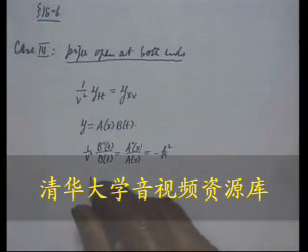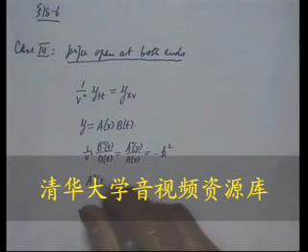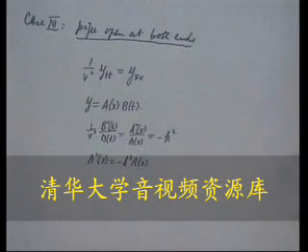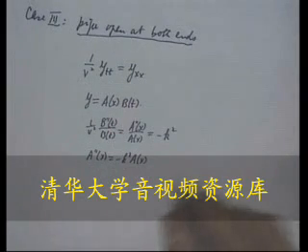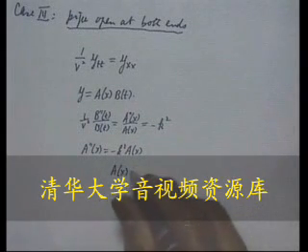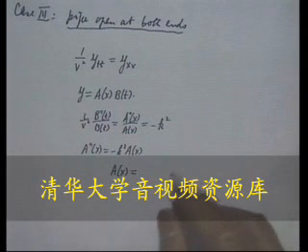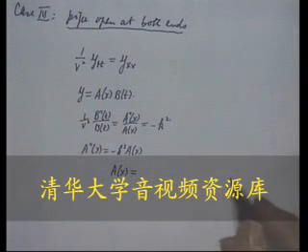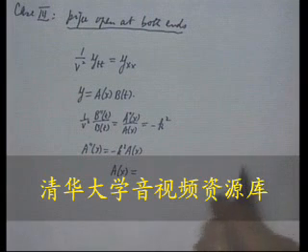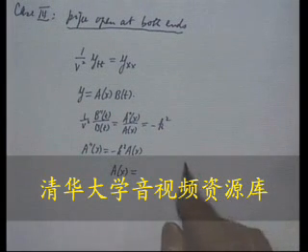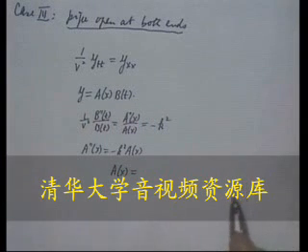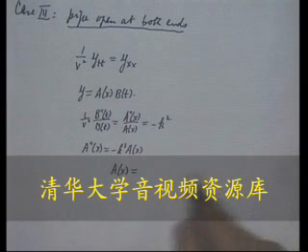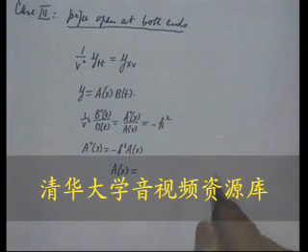So A double prime x is equal to minus k squared A of x, and A of x is a sinusoidal wave. A sinusoidal wave, you can always write either as a sine or as a cosine, but we want dy/dx equal to 0 at both ends, so it's better to write cosine.